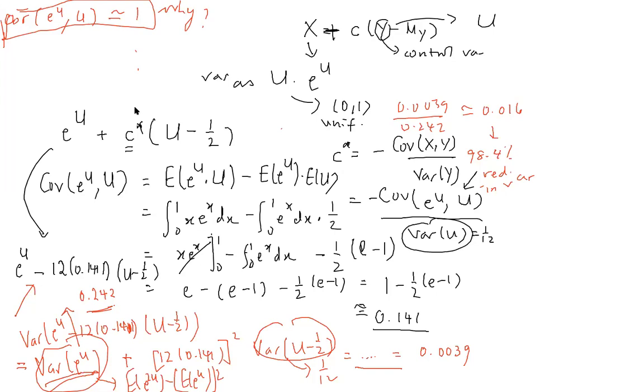Any suggestions? Your U is of course uniform 0, 1. So why is the correlation close to 1?